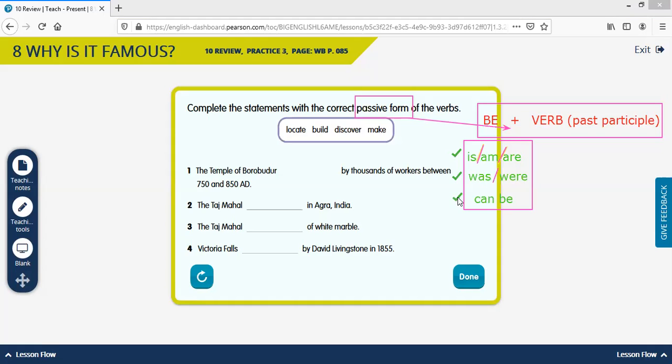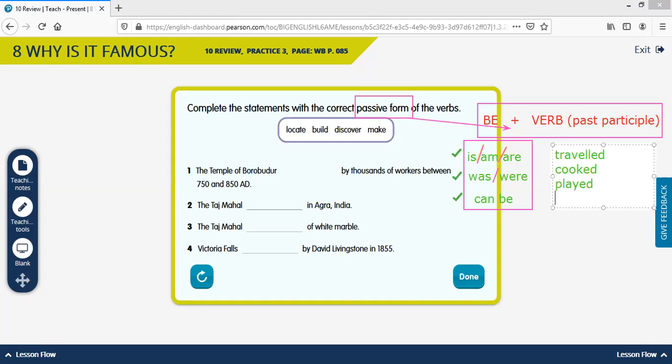Now, remember the verb in past participle is not very complex. We typically use the verb in ed at the end. For example, travelled, cooked, played, if we have a regular verb. If it's not regular, we have to change it to the past participle form.